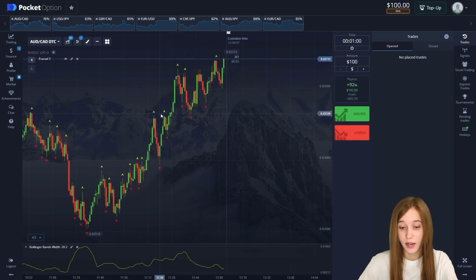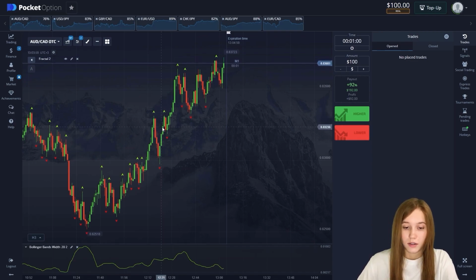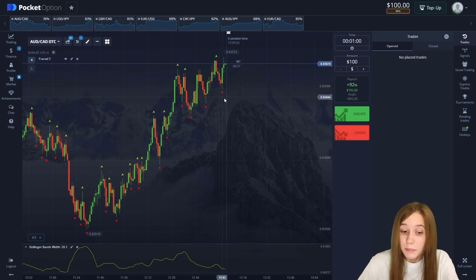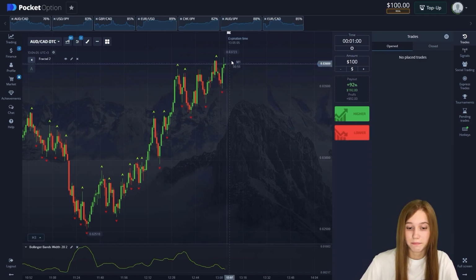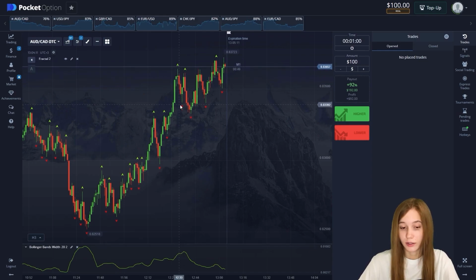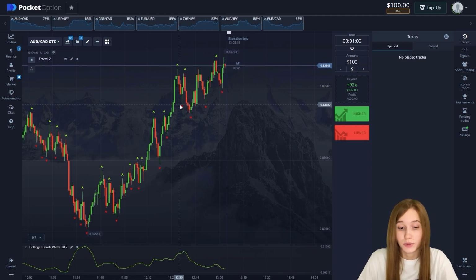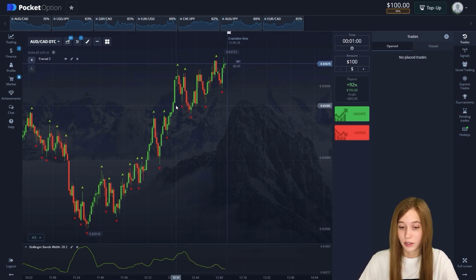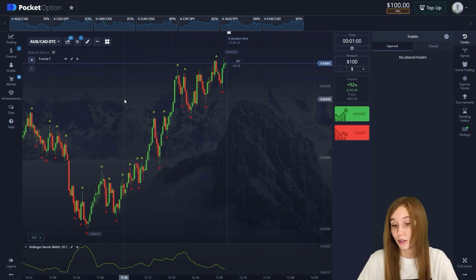Red is down. It's a very simple indicator, so to say. If a fractal forms from below, the chart is more likely to go down, and vice versa. So it's very simple to understand this indicator and use it also.